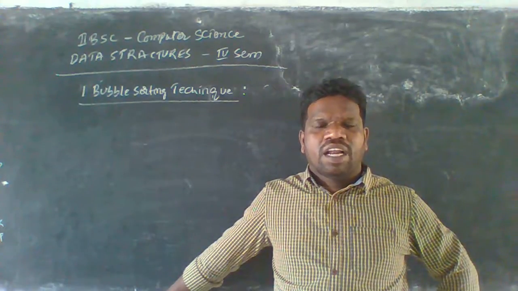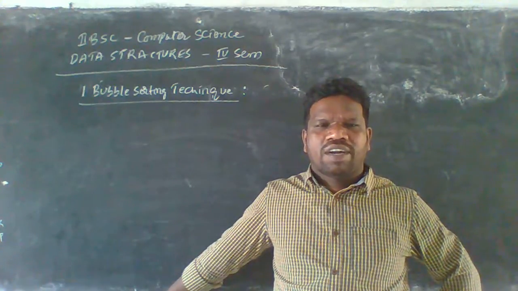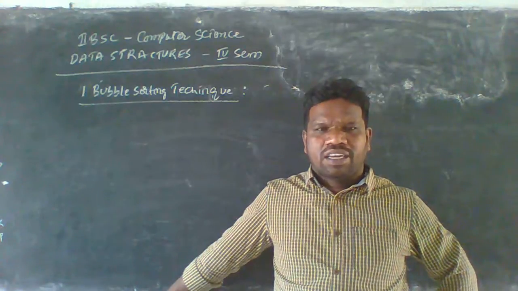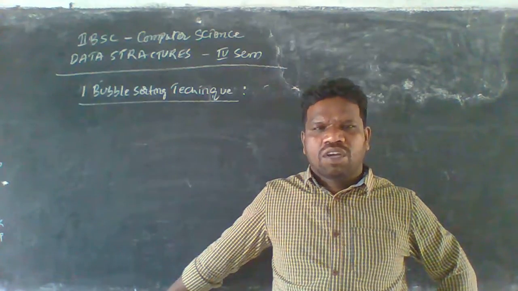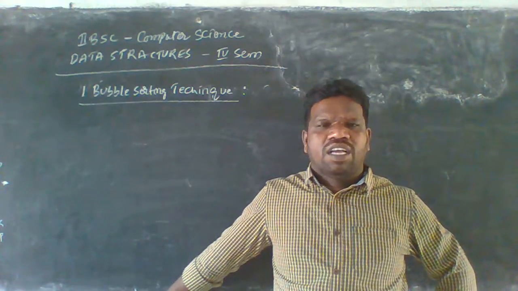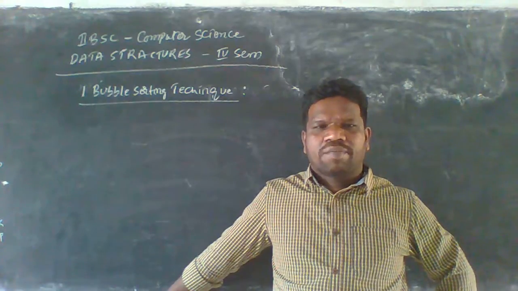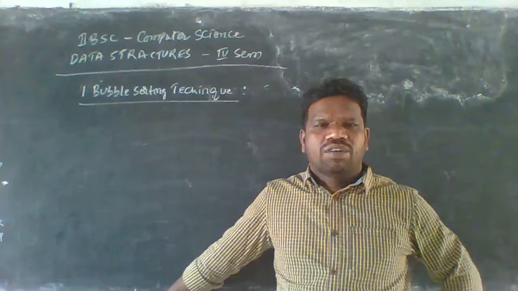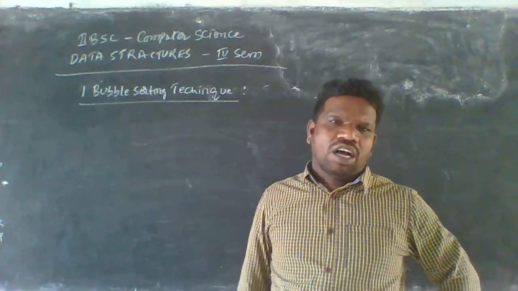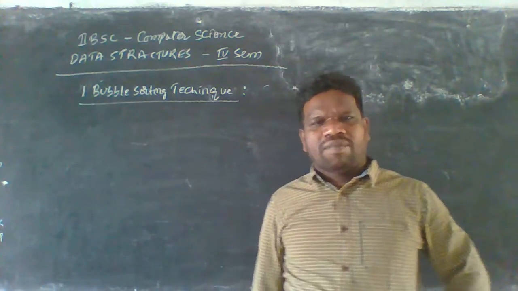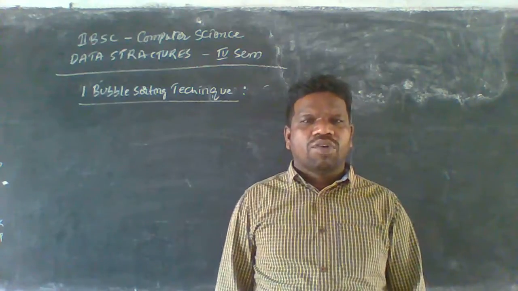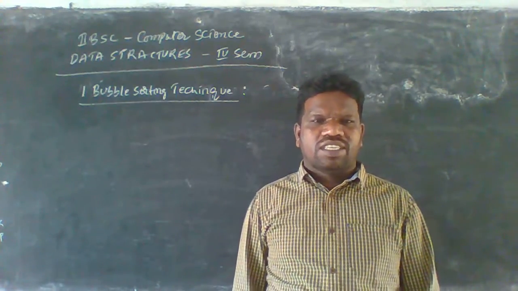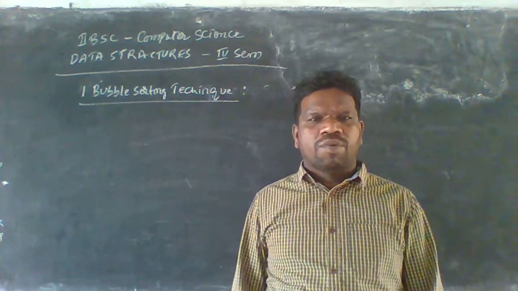We compare the left number to the right number. If the left number is small and the right number is big, we leave it. And if the left number is big and the right number is small, we have to swap both numbers.